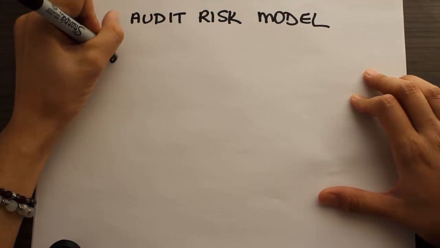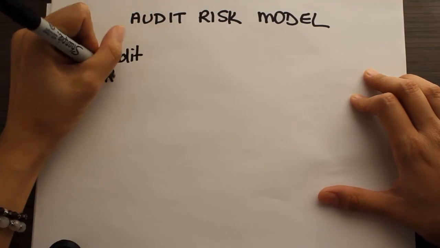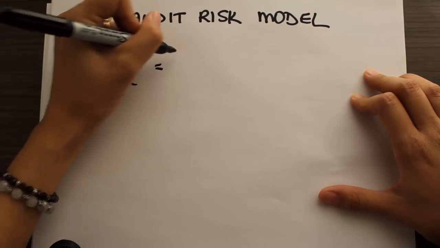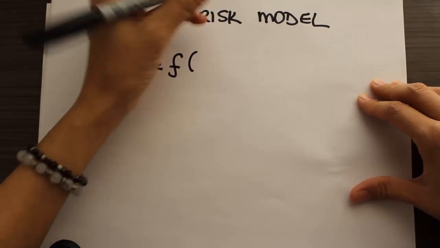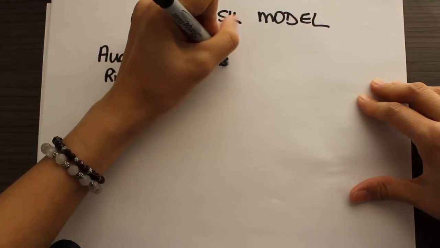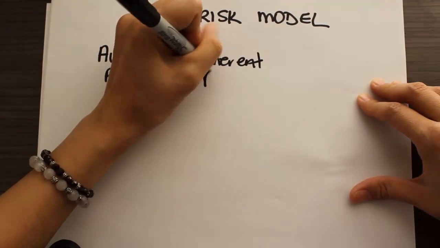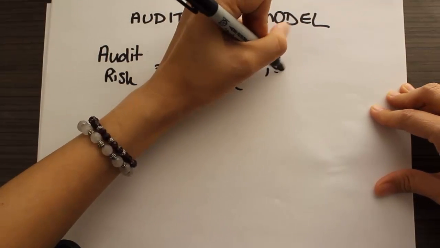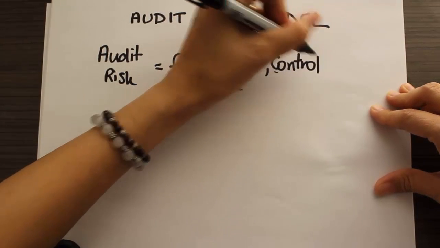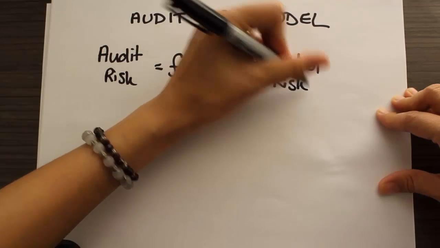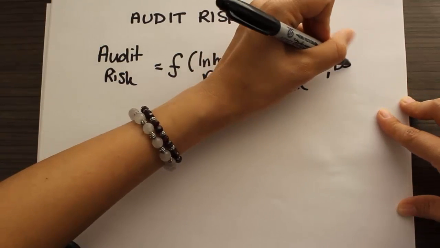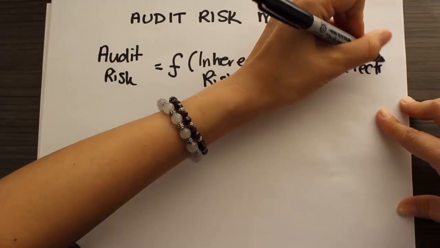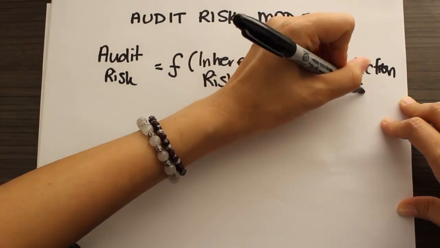Audit risk is a function of inherent risk, control risk and detection risk.